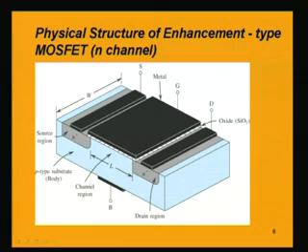So, now in this diagram what we see physically, there are 3 regions, one is the P type, the other 2 are the N type regions.